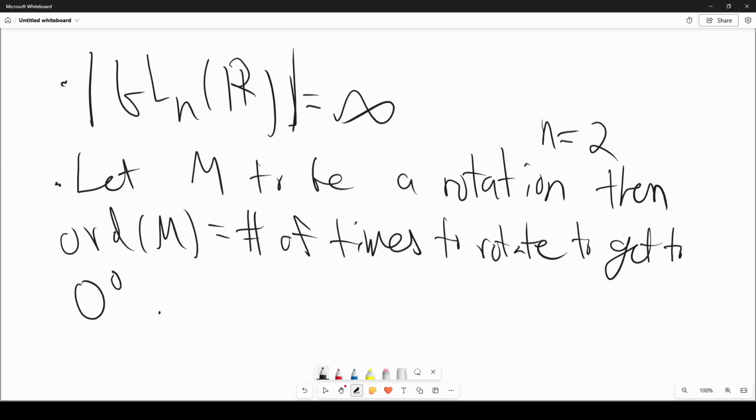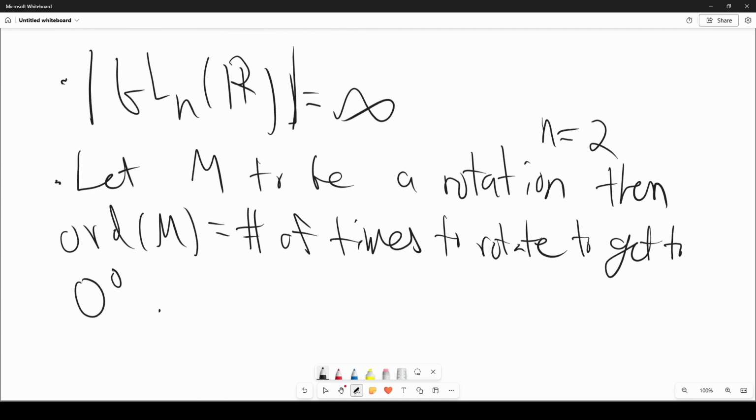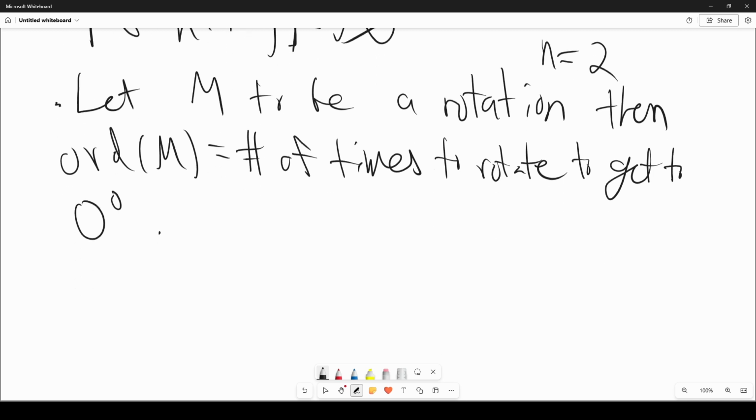So for example, if it's a rotation by 20 degrees, you need to rotate 18 times. So the order of M would then be 18. Great.